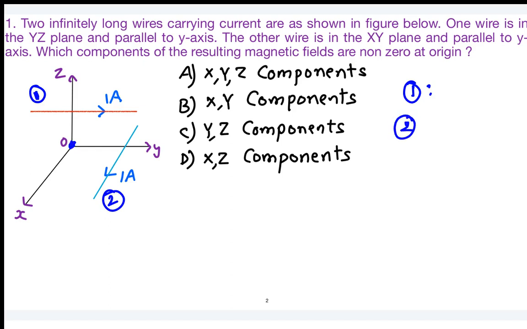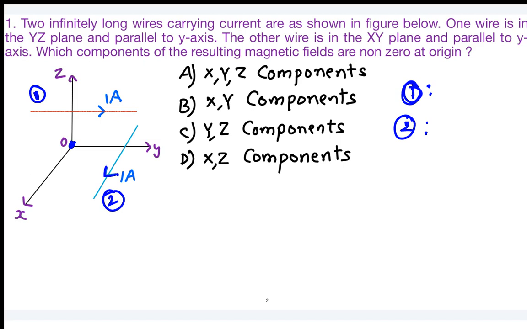And similarly, what will be the magnetic field because of the second wire? Sir, the other wire is parallel to the x-axis, no? Correct, correct. First you tell me the magnetic field due to the first wire.